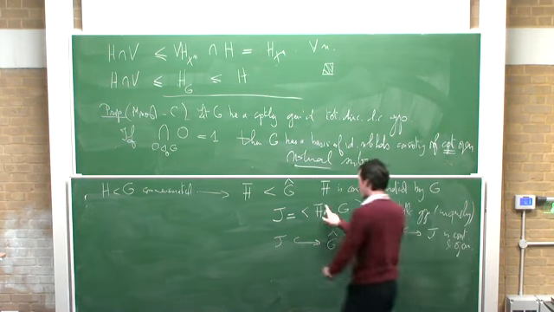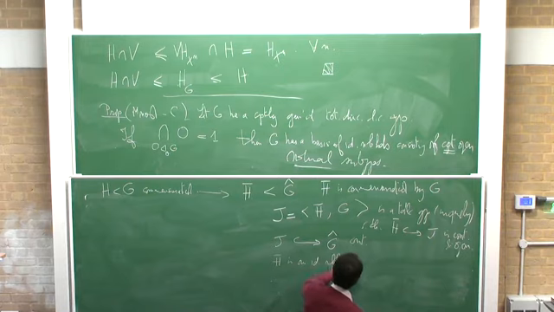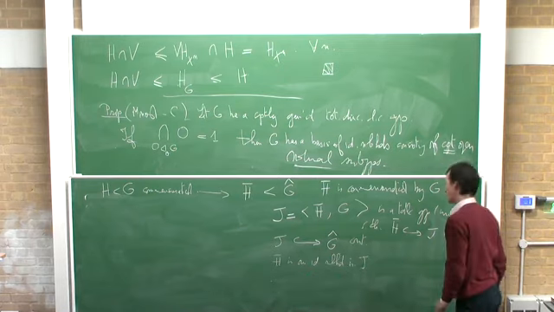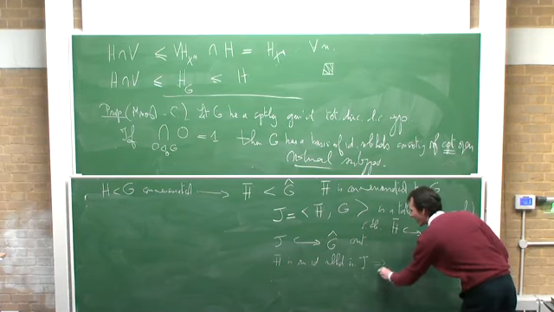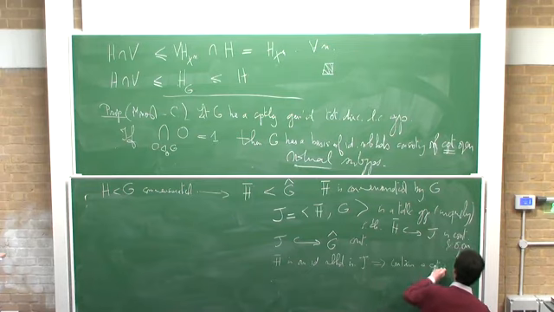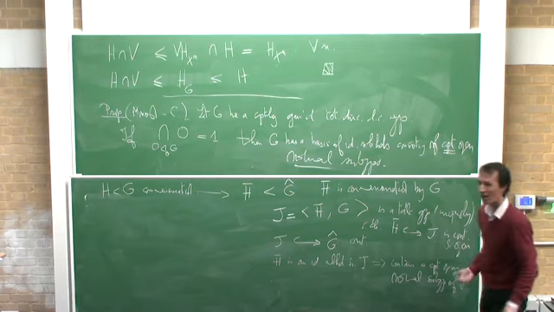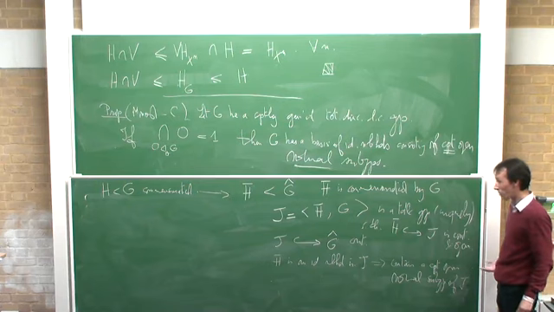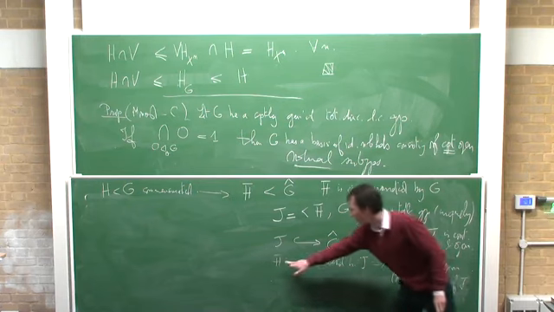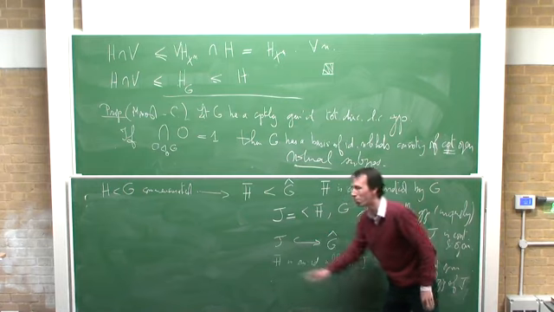So H bar is an identity neighborhood in J. So it contains a compact open normal subgroup of J. Okay, but an open subgroup of H bar is a finite index subgroup because this is a compact group.